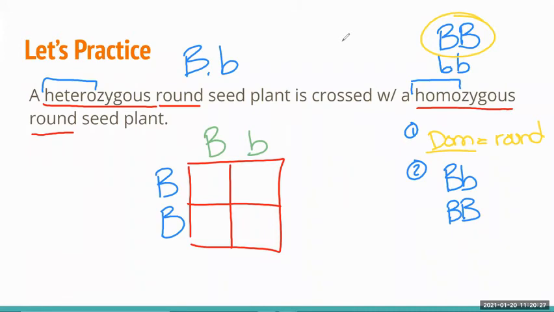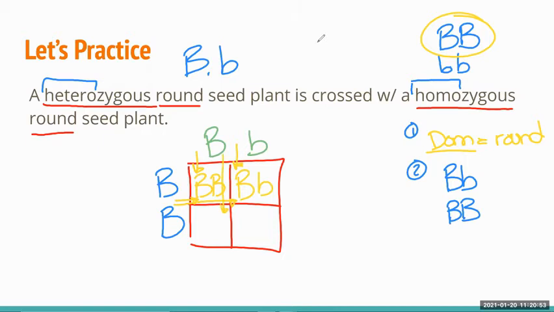Then we're going to fill in the boxes. So each box is going to grab the allele that's above it, the parent allele that's above it, and the parent allele that's to the left, and they're going to drag them into that box. So this big B will be here, big B dragged over here. This small b will stay here. Big B grabbed over from the left.